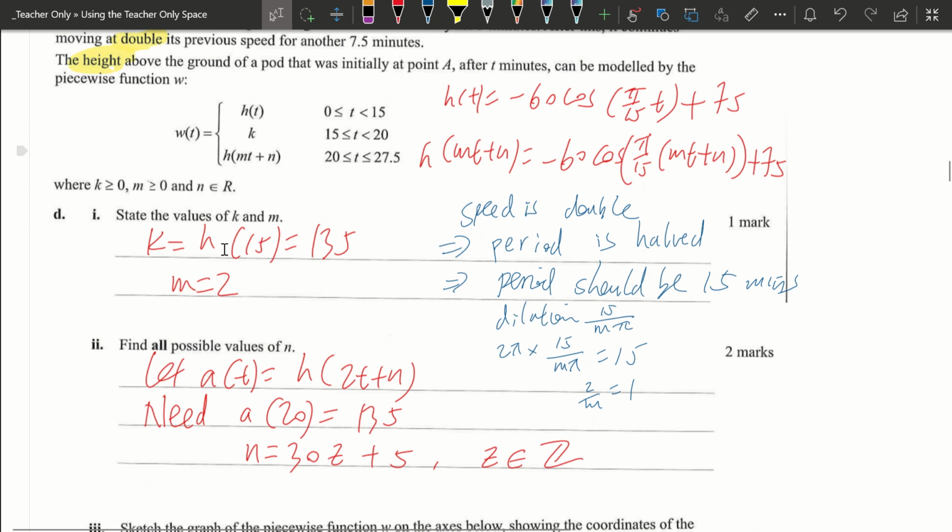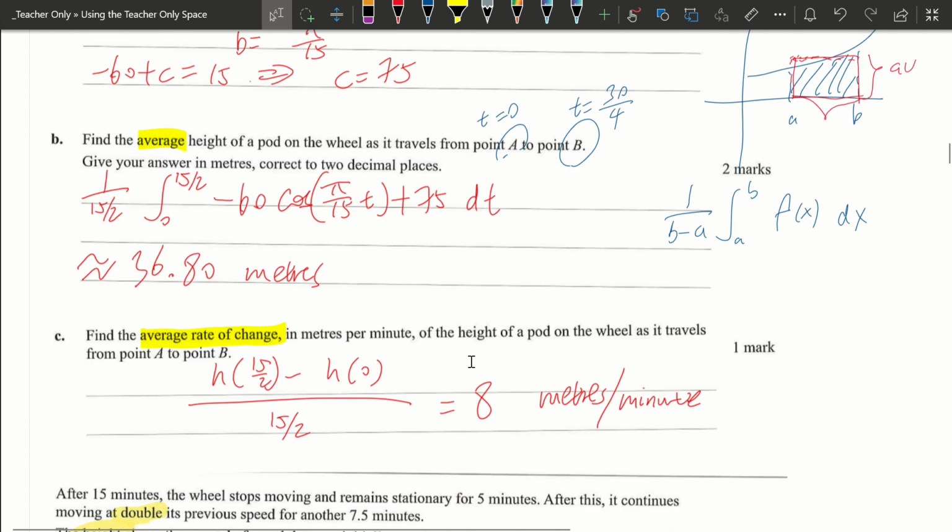Yeah, see here. So state the values of k and m. You have to find m. And if you didn't find m, it will also be very difficult for you to find n over here. So if you couldn't find m, you lose the 1 mark. But then you will also most likely lose the 2 marks, because without m, you can't find n. You may get consequential marks here, but to me, this is still a bit problematic.